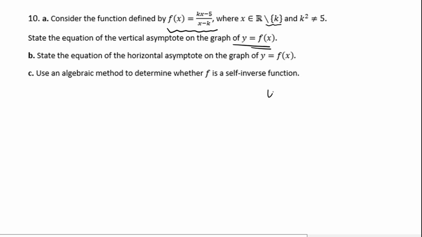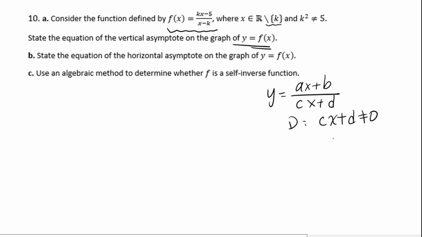For a rational function, y equals ax plus b over cx plus d, we know for the domain, we will set up cx plus d not equal to 0. We figured out x not equal to negative d over c.